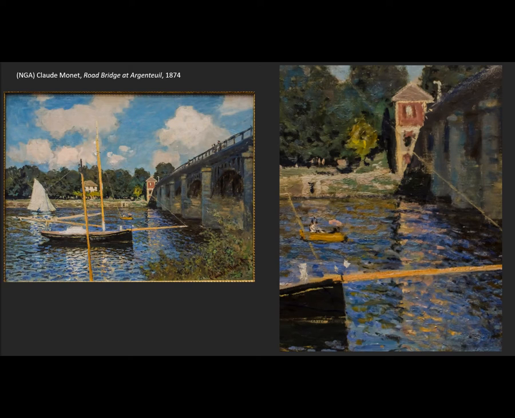And as we look across the canvas, everywhere we look, we see light flickering everywhere, coming off of the water, up onto the bridge. Monet had moved to this distant suburb. He lived here in Argenteuil, would take the train back into Paris to sell his pictures through his dealer.